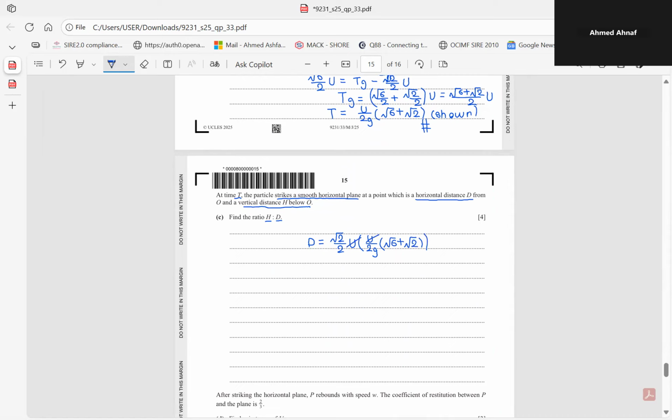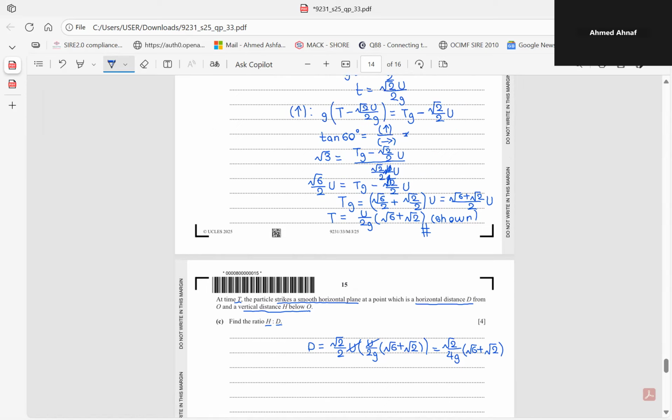So u cancels out. And then you would just get square root 2 over 4g times square root 6 plus square root 2. So this is d, all right? Now we have to find h, which is a lot harder, okay?